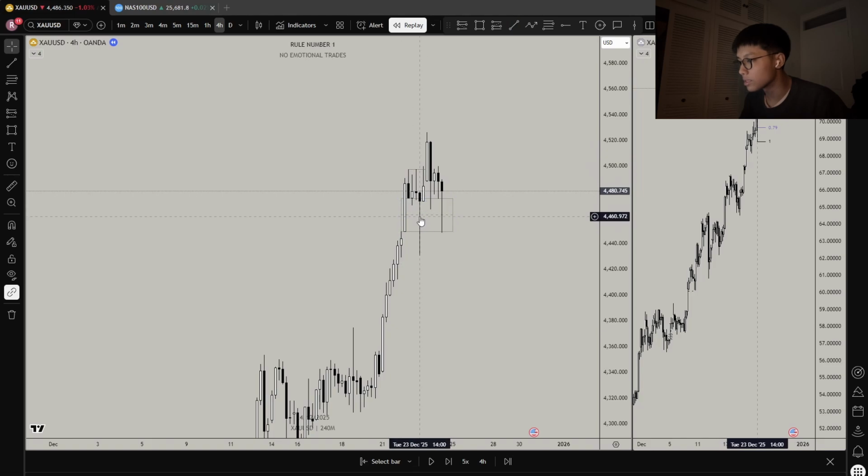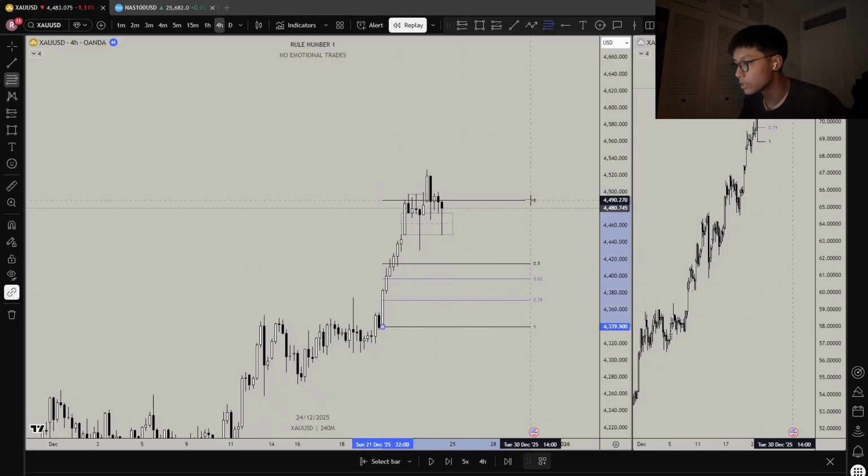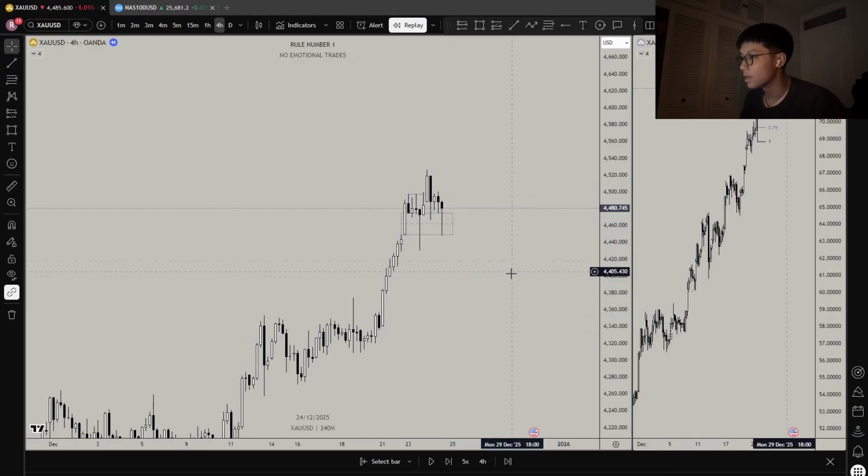So price respected this and then took out buy side. And then on a bigger time frame sort of logic, we've got this big range here, and I had the bias where price basically should rebalance to this equilibrium of this 4 hour leg. And yeah, so that's my 4 hour bias.